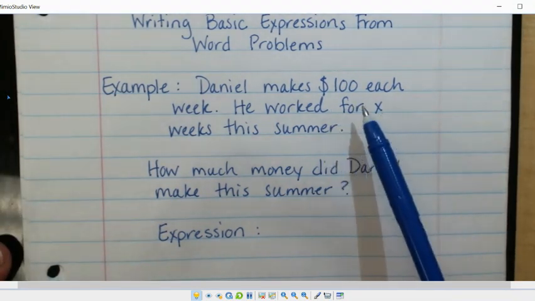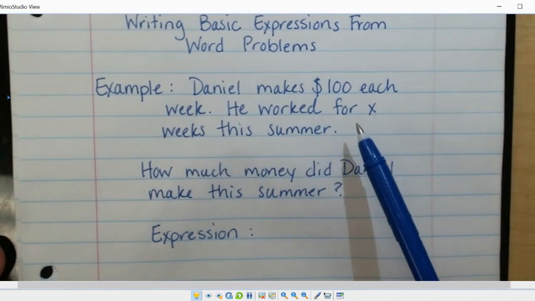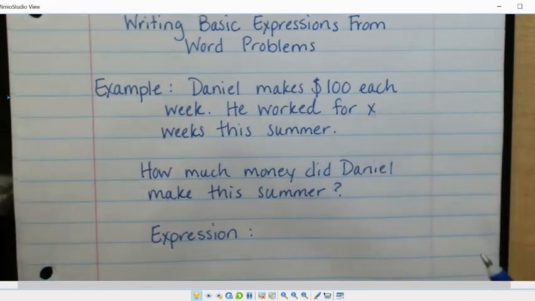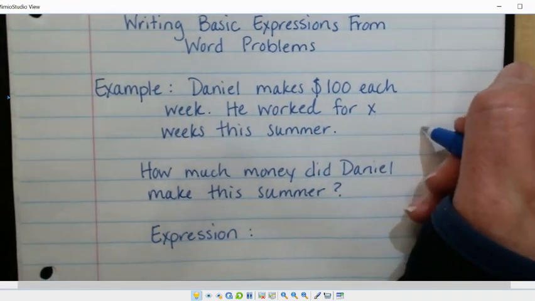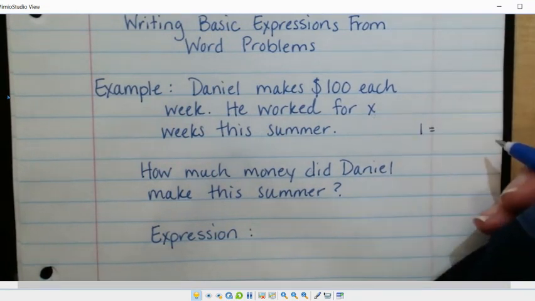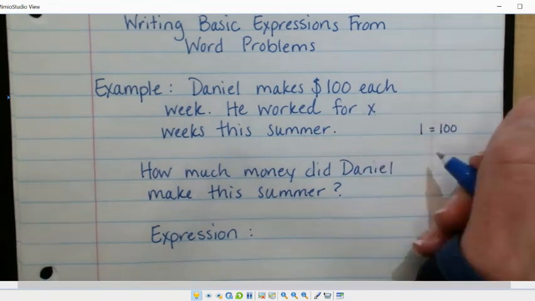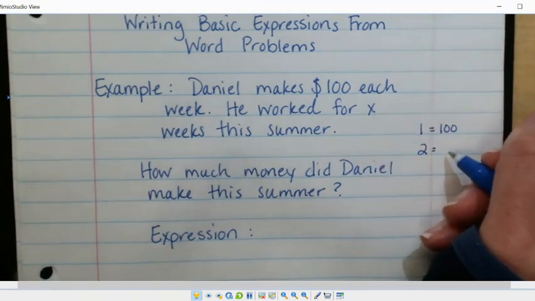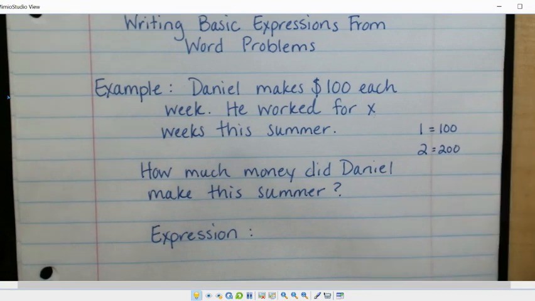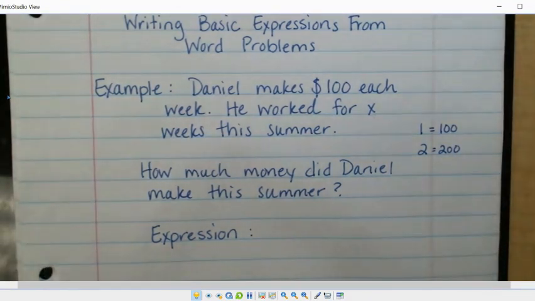So let's look at it. Daniel makes $100 each week. He worked for X weeks this summer. So if he makes $100 each week, if he works 1 week, he's going to make $100, right? If he works 2 weeks and he makes $100 each week, he's going to make $200. So what am I doing there each time?